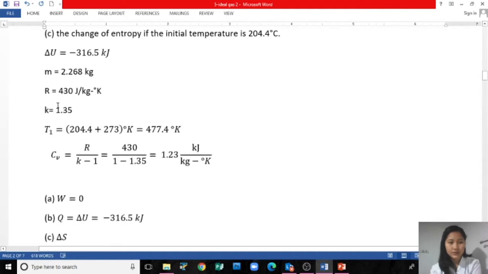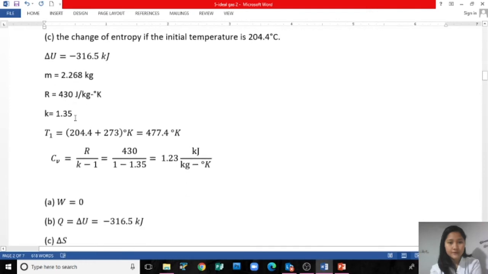The constant k is equal to 1.35. Now to find the work, T1 is equal to 204.4 degrees Celsius. So in order to convert this into degree Kelvin, I just have to add 273. Then T1 is equal to 477.4 degree Kelvin.